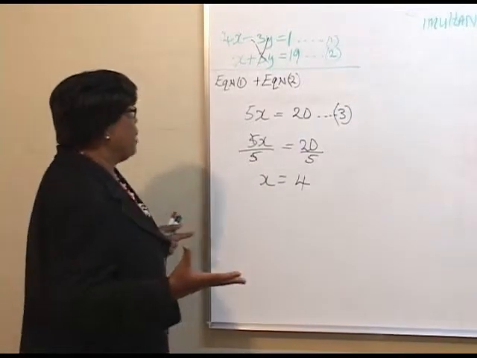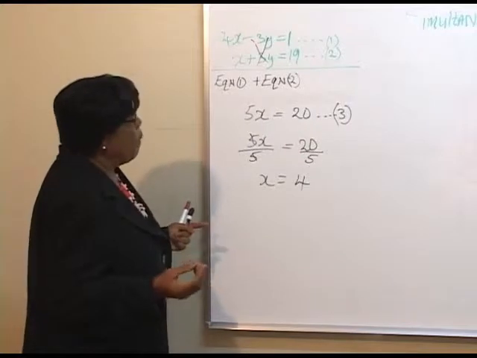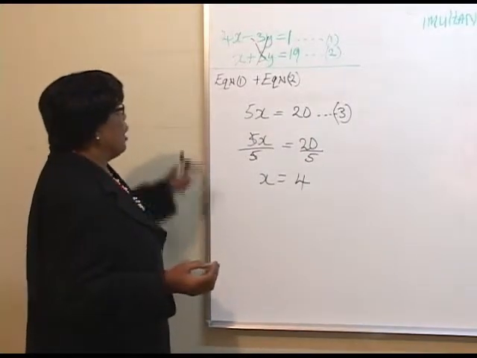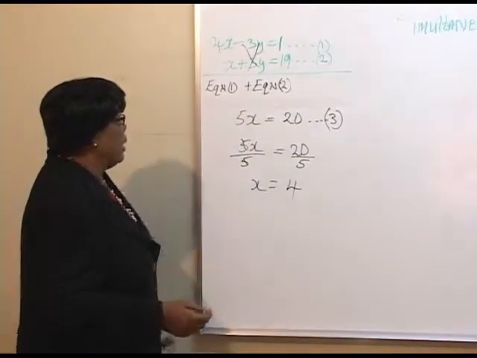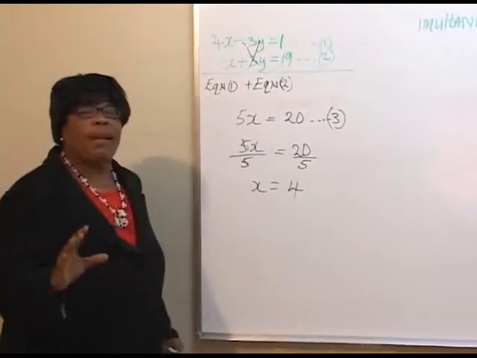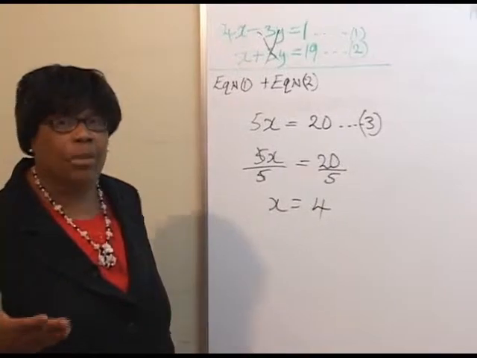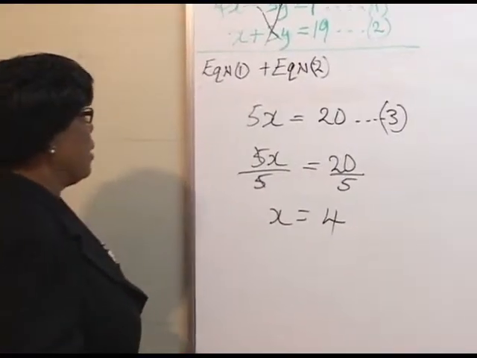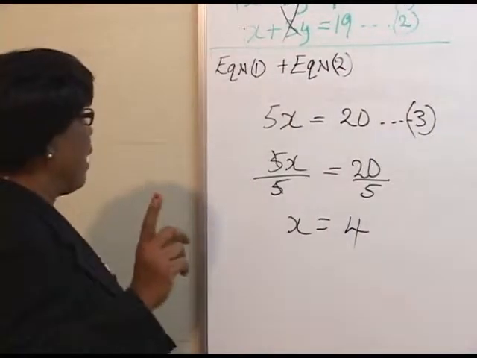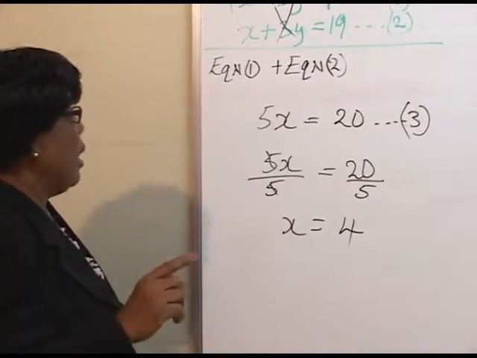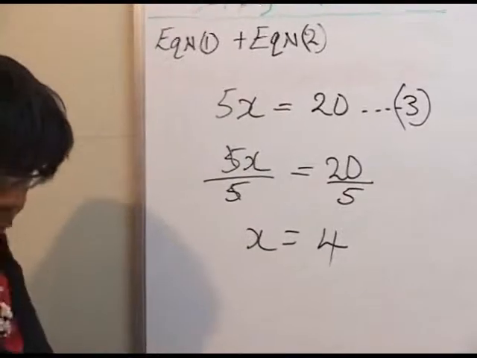And we went right away to say equation 1 plus equation 2. And so we did our addition and we got 5x is equal to 20. And then we said we don't want 5x because it's 5 times what we want. And so to get it to 1x, we have got to divide both sides by 5. And then we see that x is equal to 4.